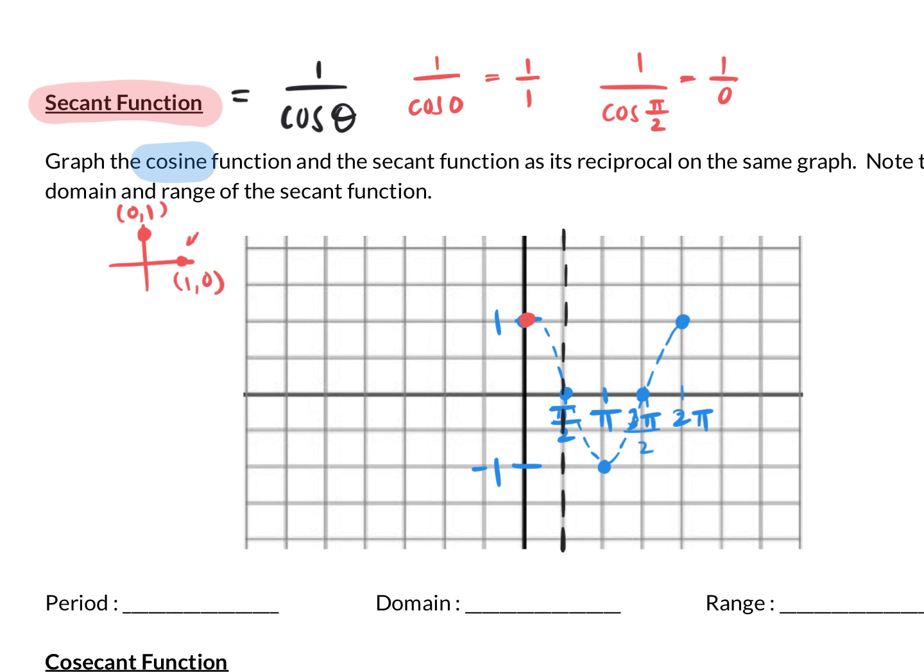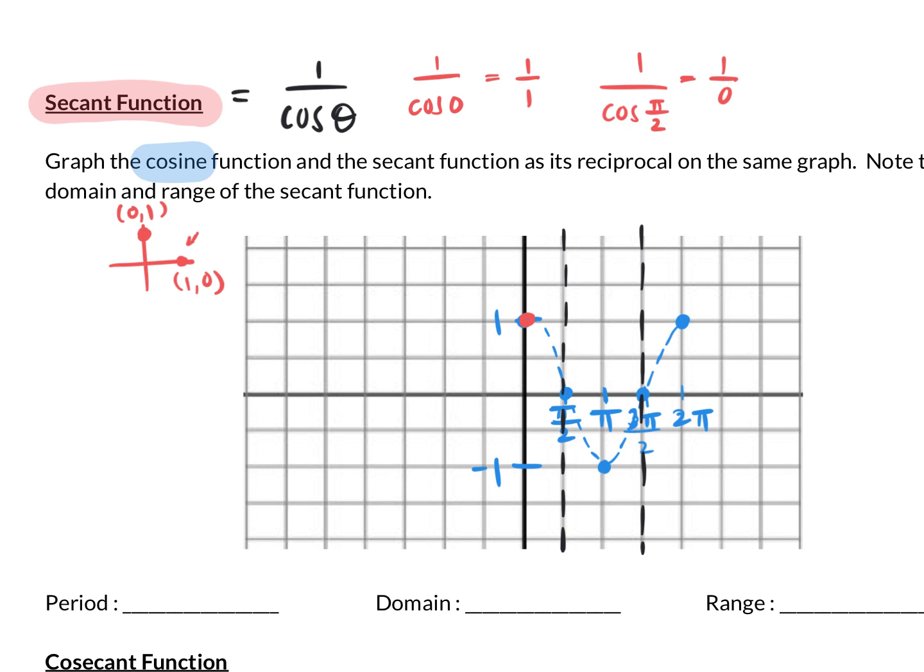Where else are we going to have a vertical asymptote? Or where else is cosine equal to 0? 3 pi over 2. Okay. So far our red point there is the only thing that we know is on the graph.